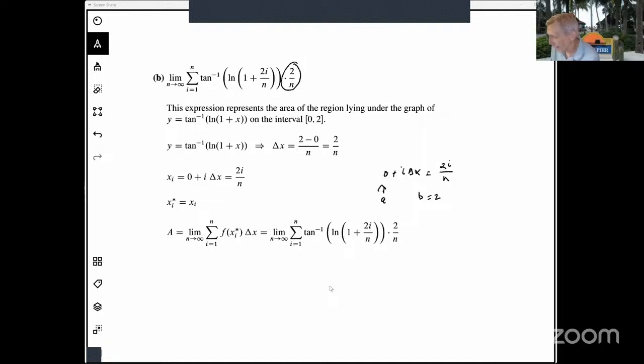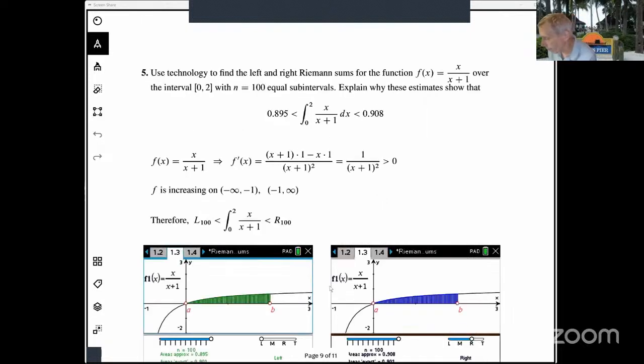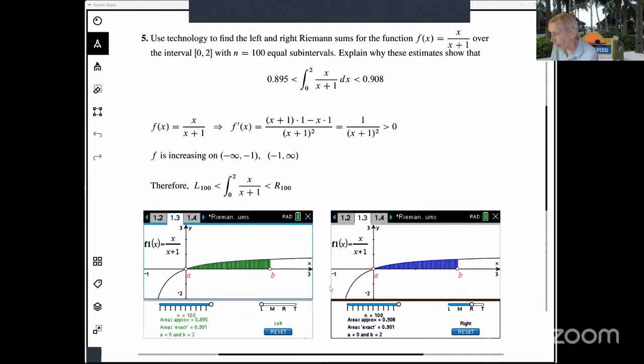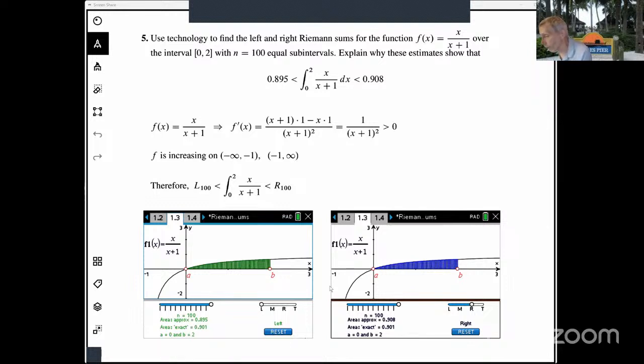Okay. Couple more here. Let's use technology to find left and right Riemann sums for this function over the interval 0 to 2. And we're really going to stretch the calculator's limit here. We're going to use n equal to 100 equal subintervals and explain why these estimates show that the inequality is true.